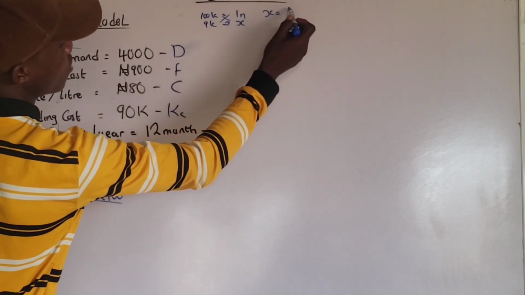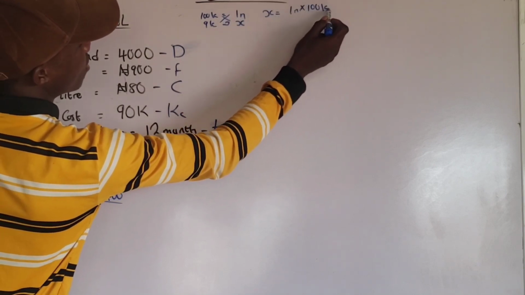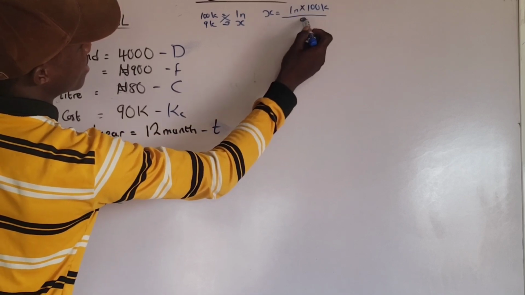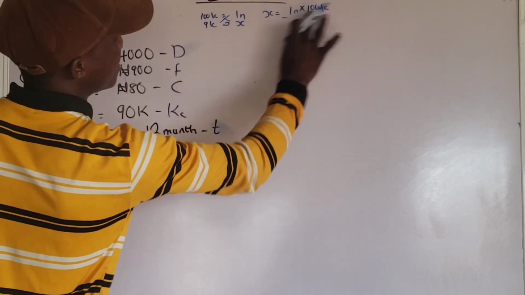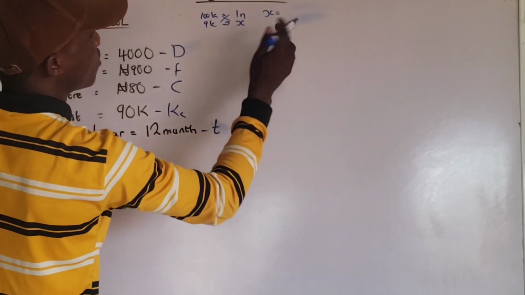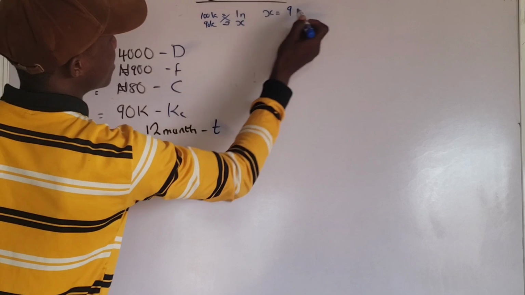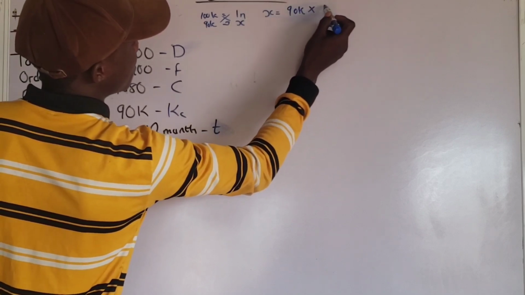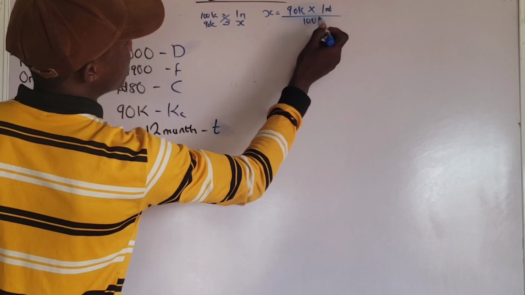X will be equals to 90 kobo multiplied by 1 naira all over 100 kobo.